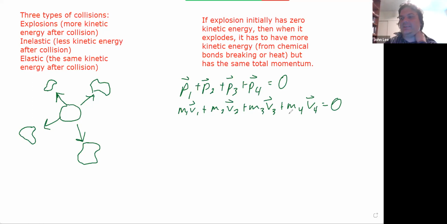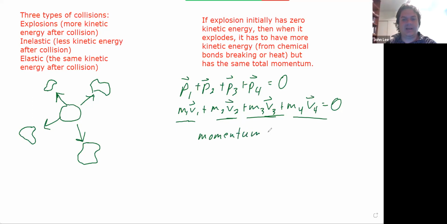They have to be going in different directions. The velocity vectors don't have to cancel out, but they need to be pointing in different directions in order for the momentum vectors to cancel out.